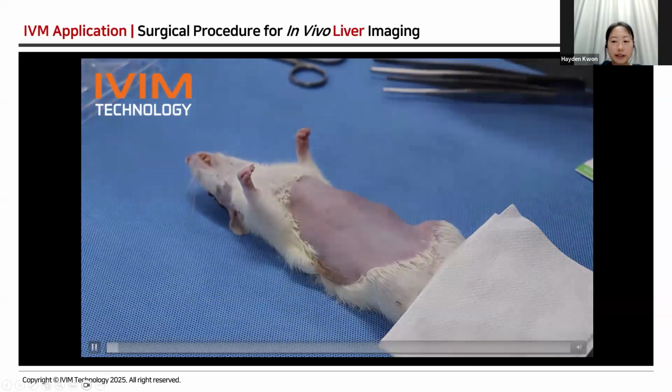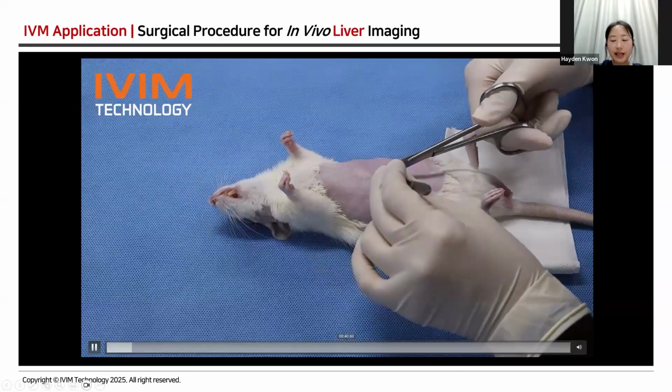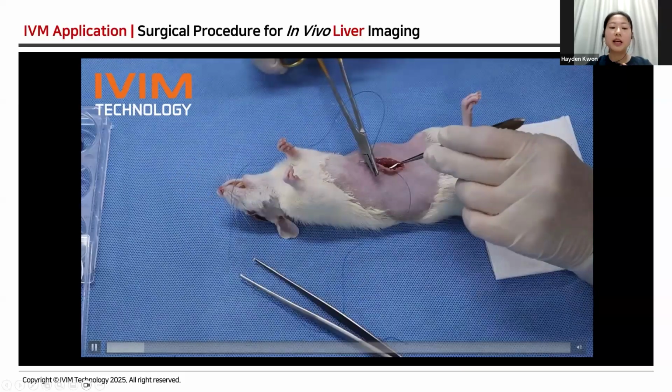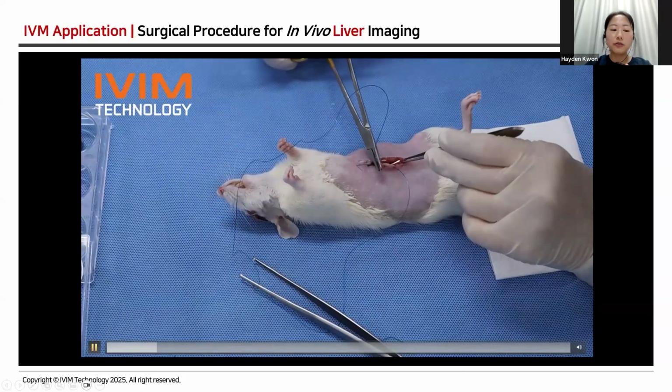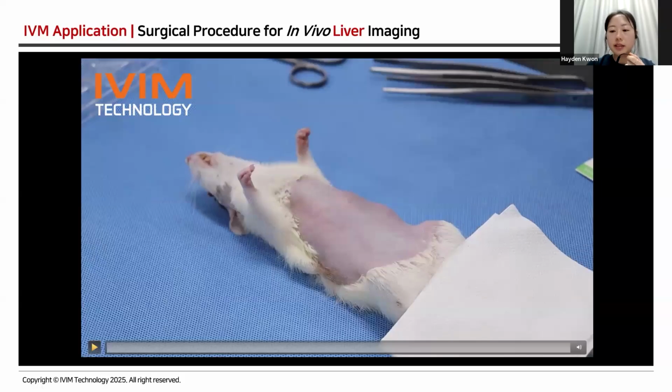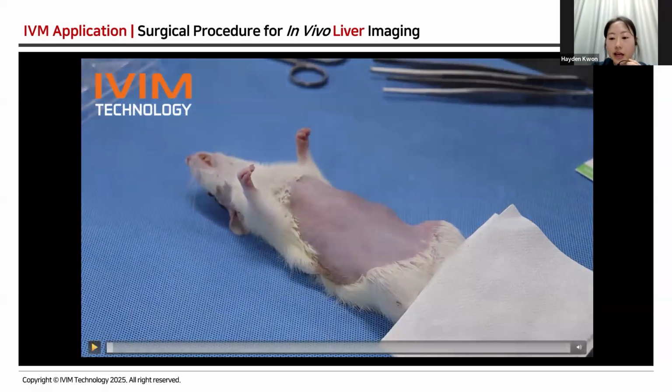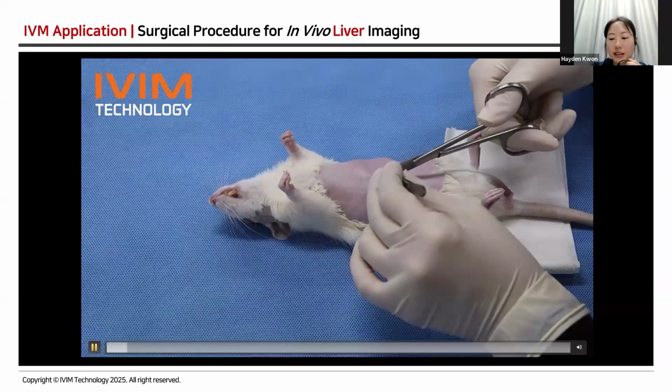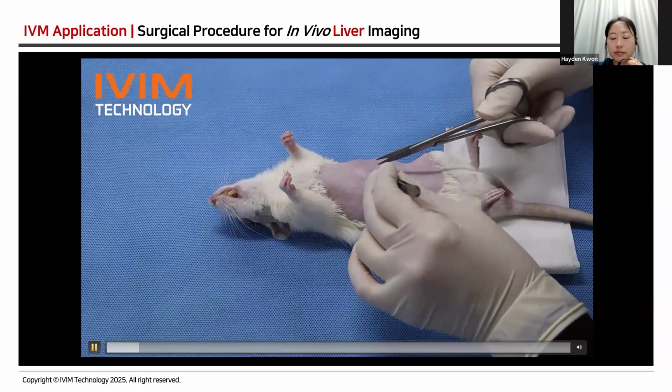So the procedure is carried out in a similar way as in mice and the imaging of the kidney in rats. So this rat was anesthetized with ketamine. So once anesthetized, the abdominal hair was completely removed using clippers and depilatory cream, and the skin was then incised to fit the size of the window.